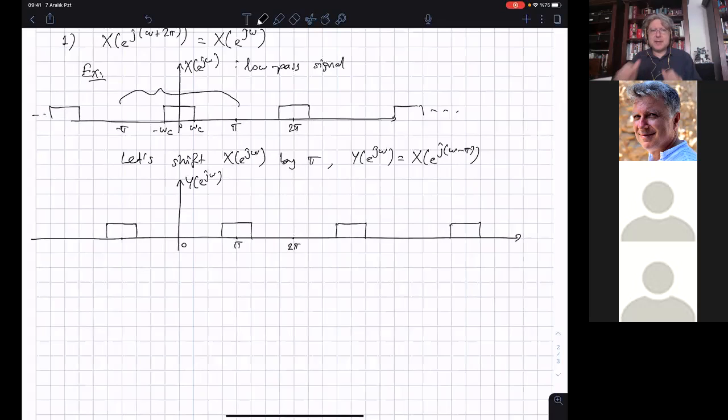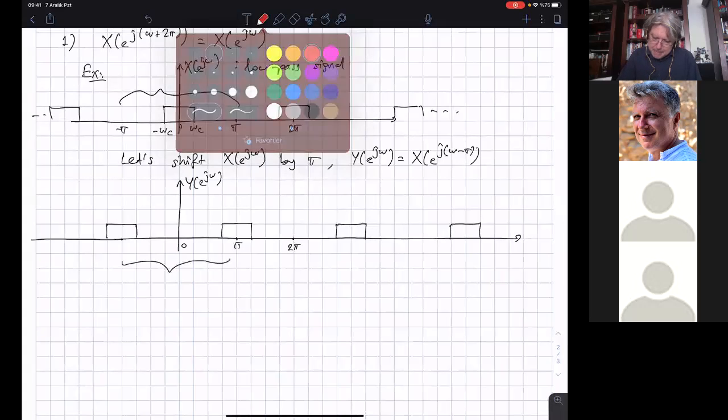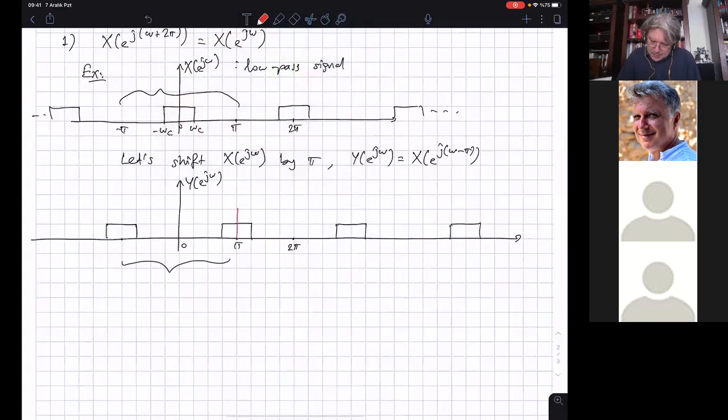In between, I have from minus omega c to omega c, whereas this one is a high pass signal because I am cutting from minus pi to pi. If you look at it, the signal is in the corners, on the edges of pi and minus pi.